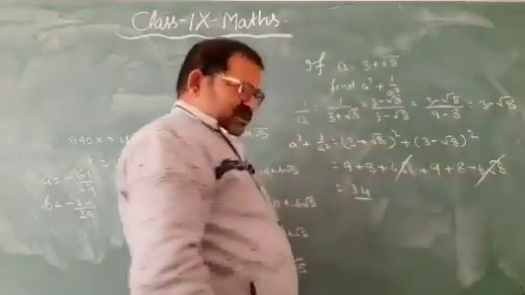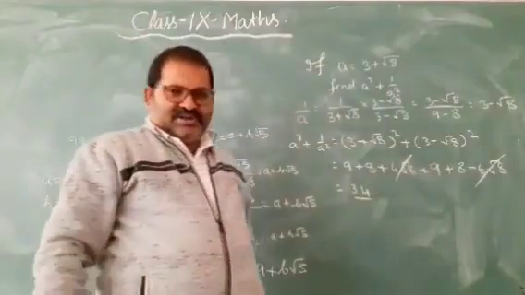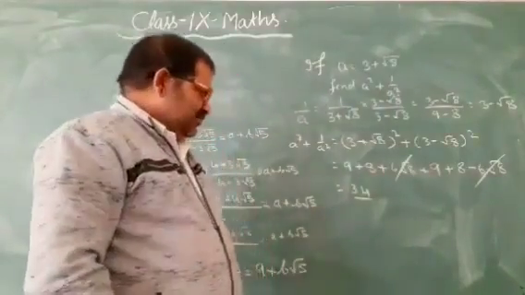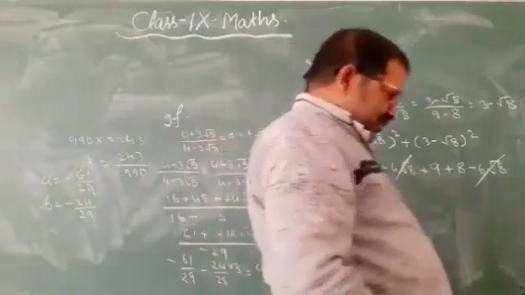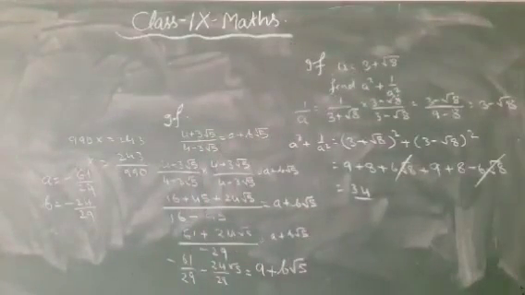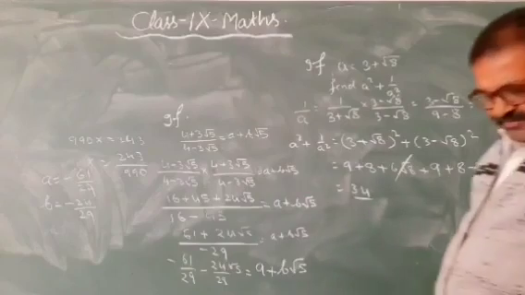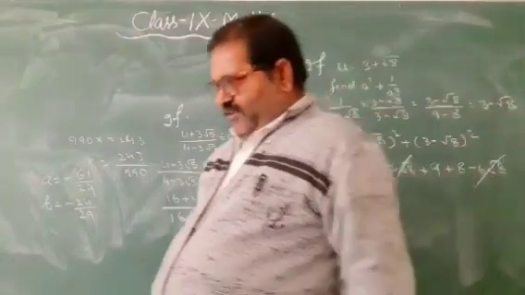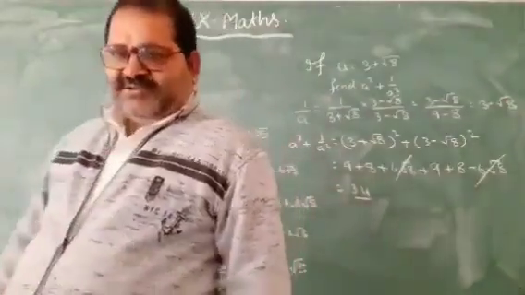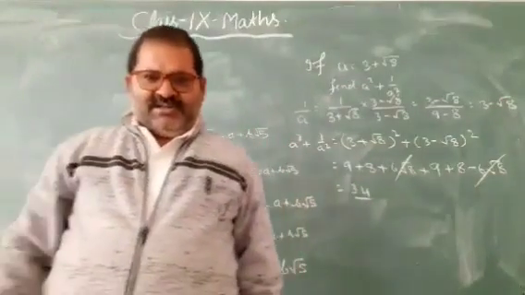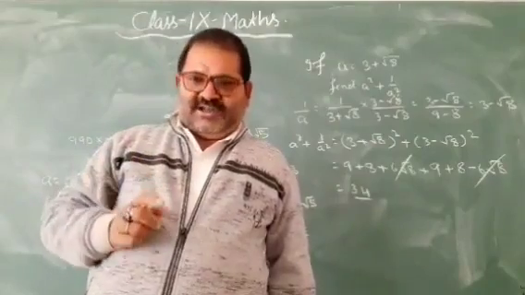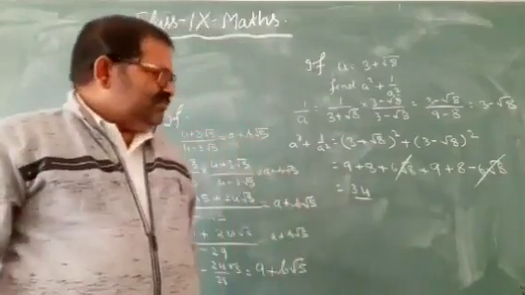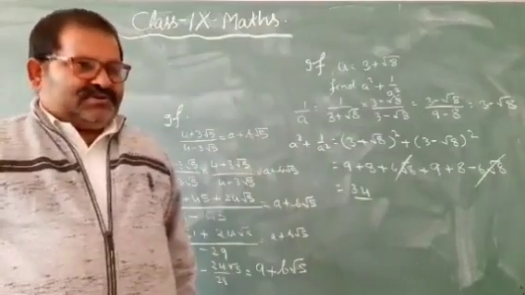So 6 root 8 and 6 root 8 get cancelled and we get the value of 34. So therefore the value of a square plus 1 upon a square equal to 34. Clear?